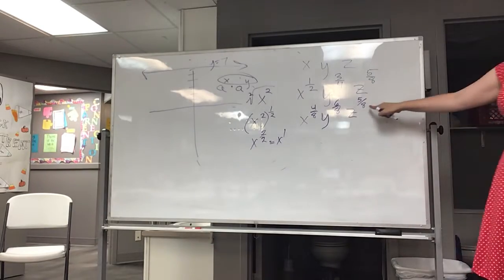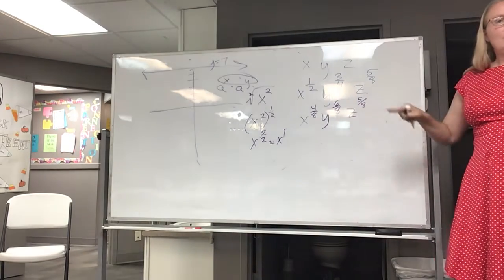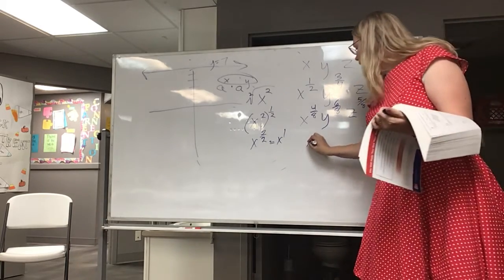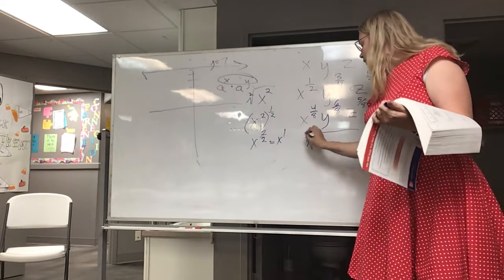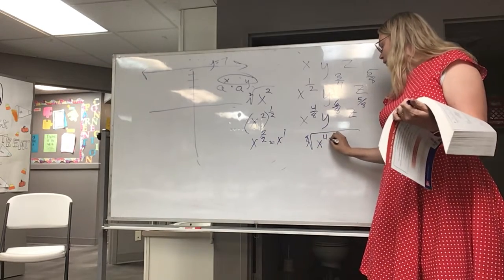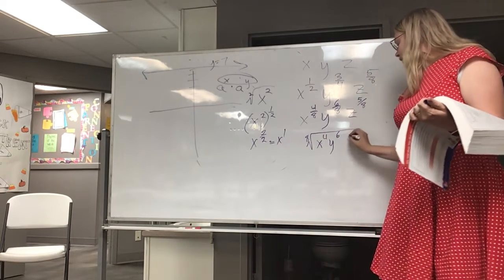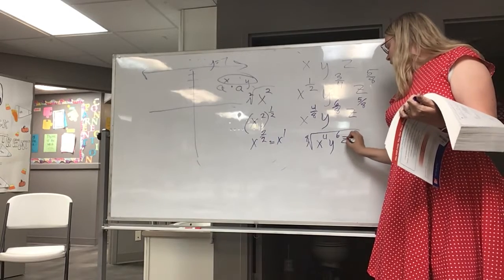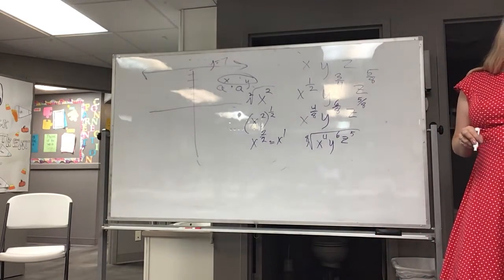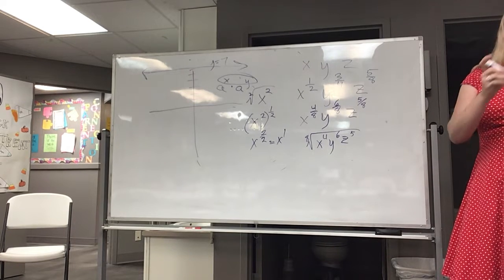And so anytime we have a denominator in our power, it's like a root. And so this is going to be the 8th root of what's left over, which is x to the 4th, y to the 6th, z to the 5th. And that is what's going on with that one.